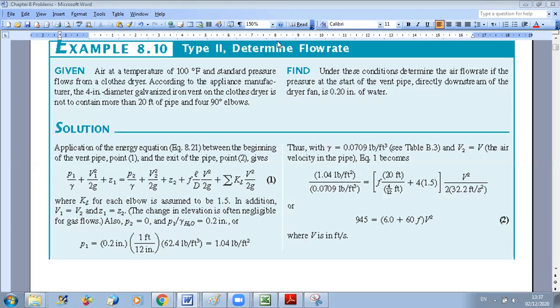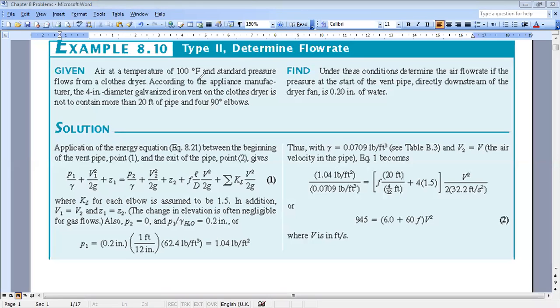So you can have it this way, for example: here you have a first elbow of 90 degrees, this is a second elbow, and so on, like this.